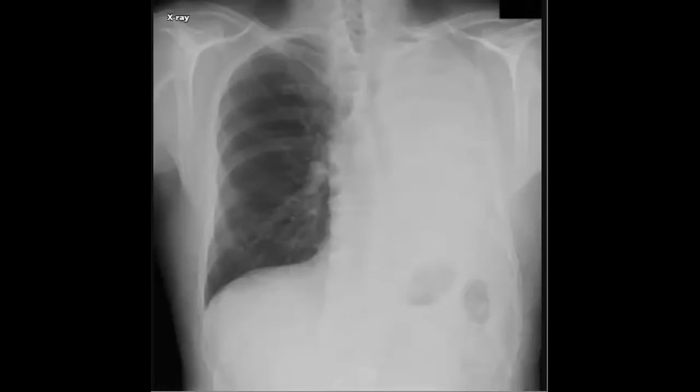Yeah, there is probably opacification. As you see here, there is opacification of the left hemithorax, and there is a shift of the mediastinum. So this is typical of post-operative changes.